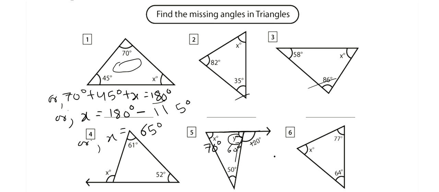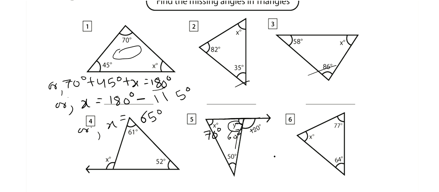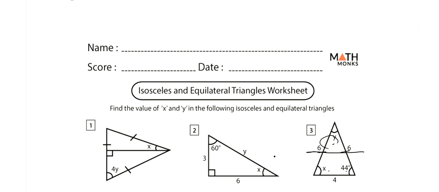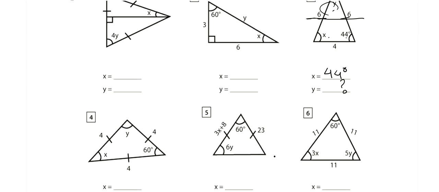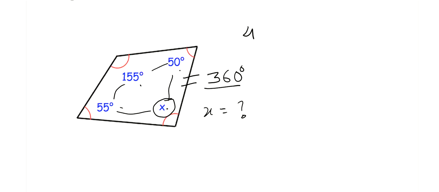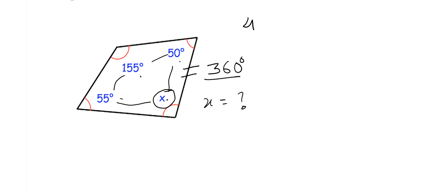Then we learned that the sum of angles of a triangle is 180 degrees. We found the missing angle in a triangle by the laws of geometry and triangles. And then we learned about the isosceles triangle, its base angles, and how to find the missing angle. And then I talked about quadrilaterals, in which the sum of angles is 360 degrees.